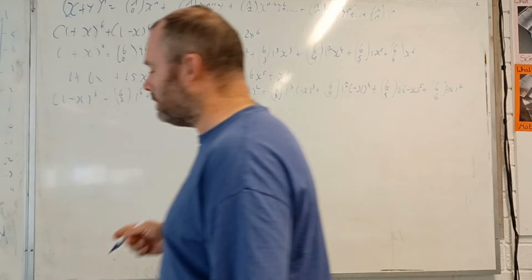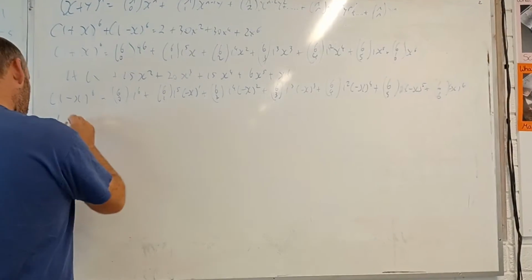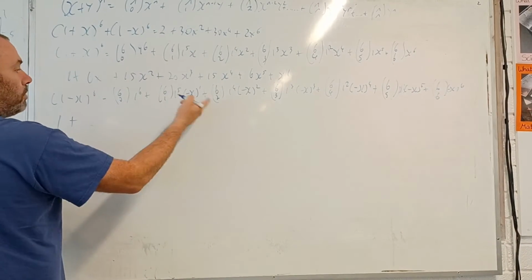So yeah, again, this is all 1 plus 6 times minus x is minus 6x.